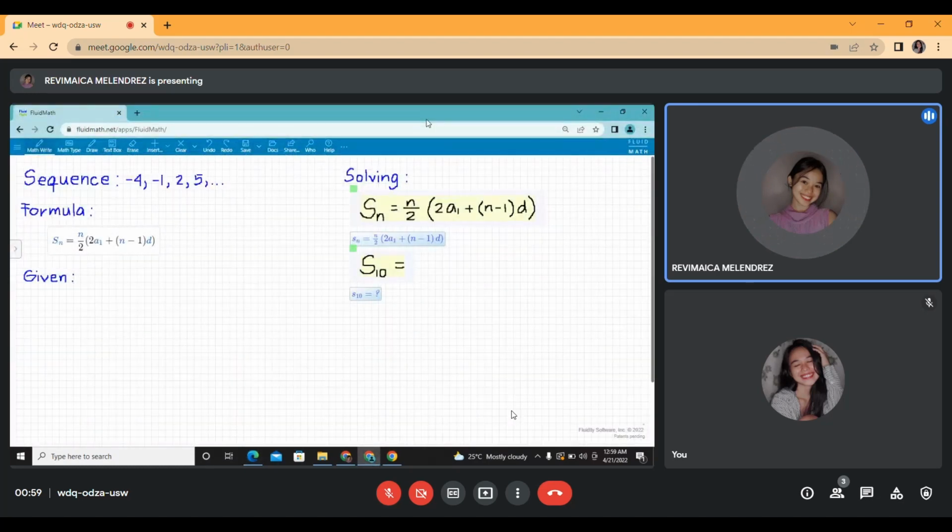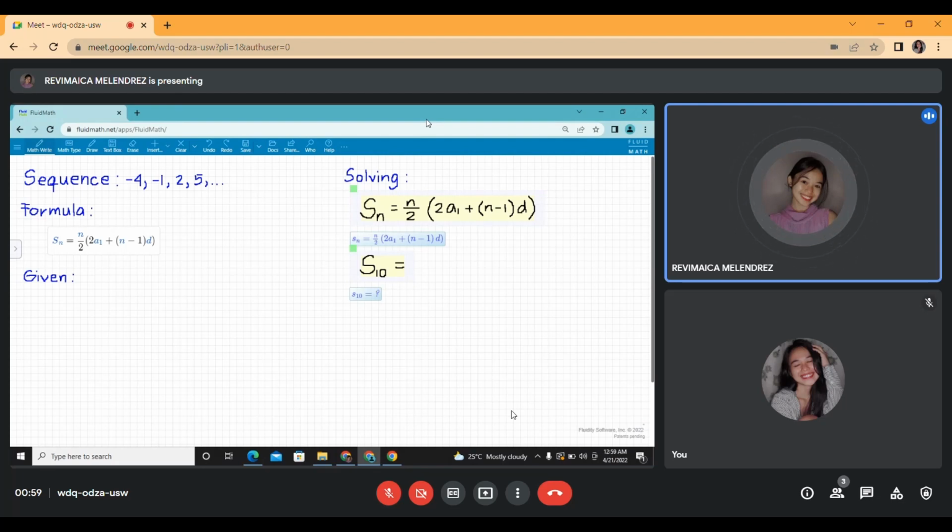So this is FluidMath and I had already logged in a while ago. Then I had already put the series of the sequence and the formula that we are going to use in solving the problem. Based on the practice, we will find the sum of the 10th term of the given arithmetic sequence.